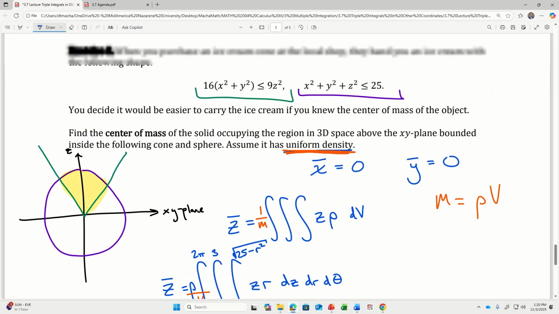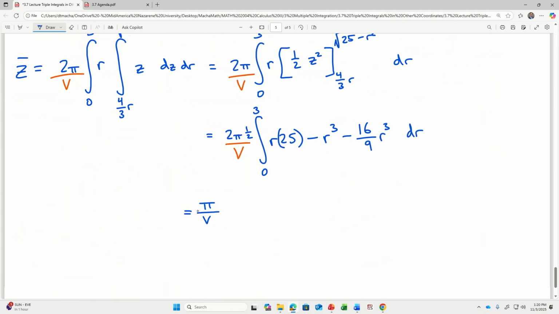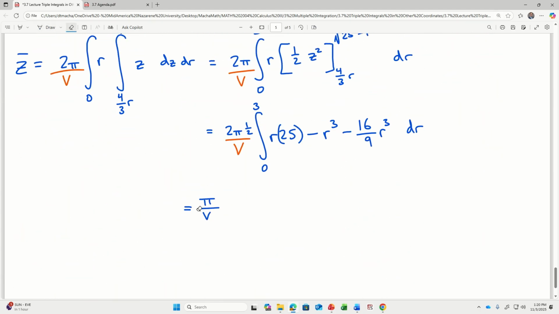We know the volume, by the way. We already found that the volume was 50/3 pi. So dividing by the volume is going to be dividing by 50/3 pi. So those pi's are going to cancel in the next step. And then we've got to take the antiderivative of 25r, which is going to be 25 over 2 r squared.